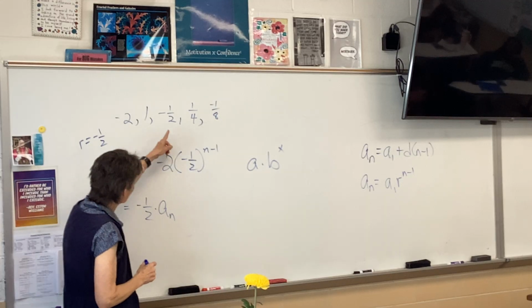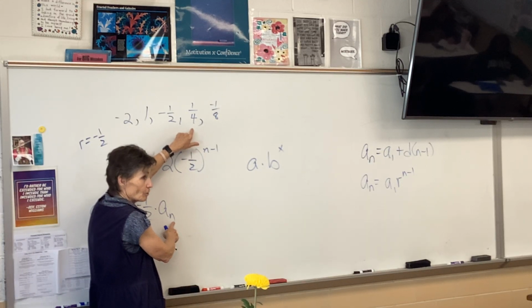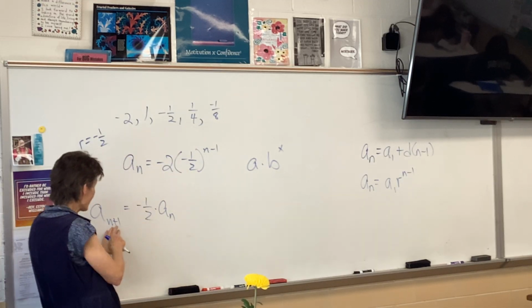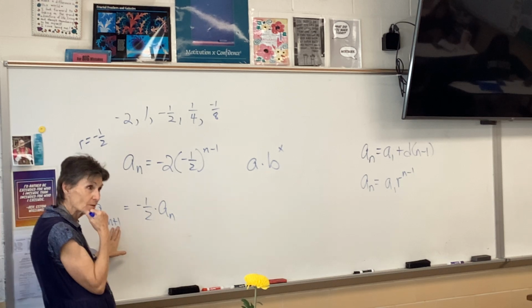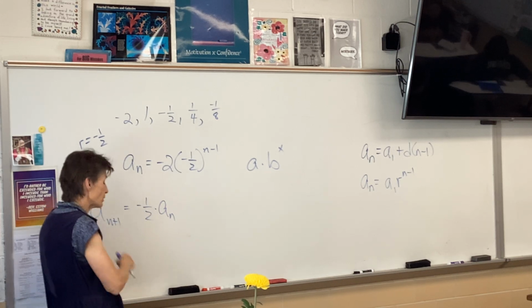So in our example, you took the fourth term, multiplied it by -1/2 and got the fifth term. Now, that is your recursive formula.